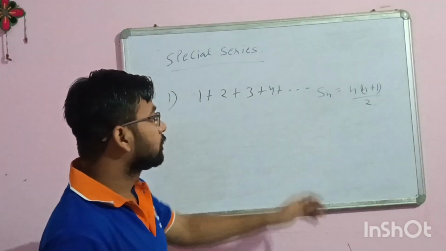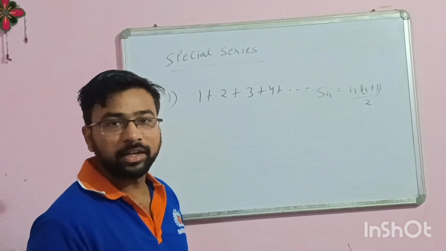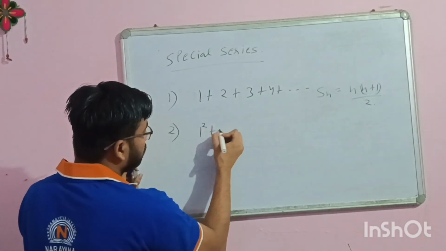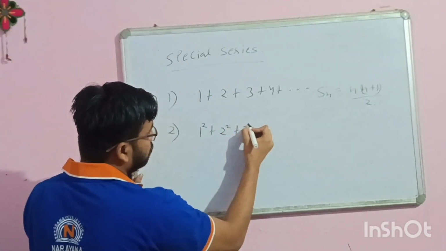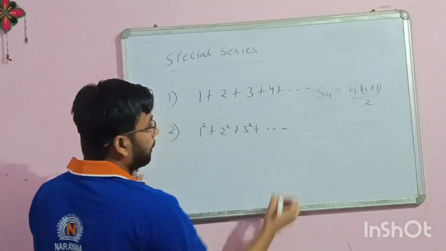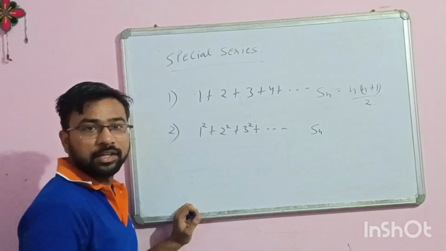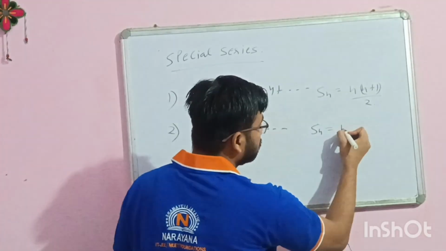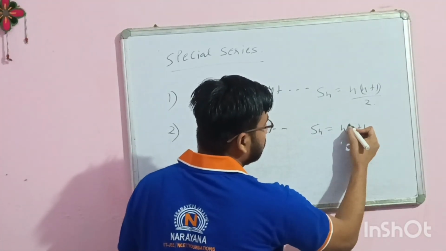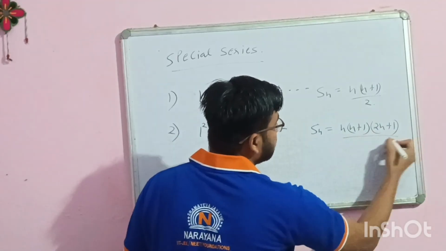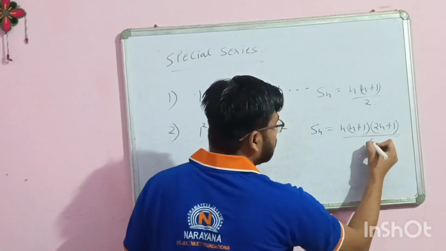So this is the formula to calculate the sum of n natural numbers. And second is the sum of squares of n natural numbers. This is equal to n times n plus 1 times 2n plus 1 by 6.